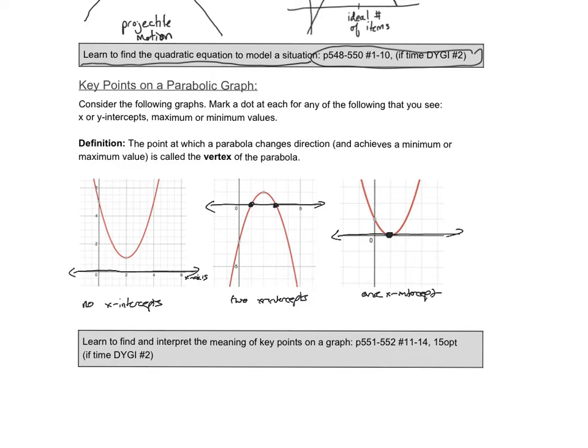The y-intercepts are the value or values where my equation crosses the y-axis. Let me use a different color here. So the blue line is the y-axis for each of these. And you'll notice that each of these functions has 1 y-intercept. And that's the dot that's in blue.